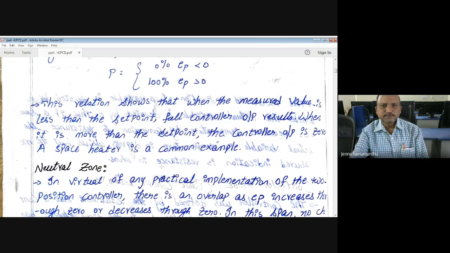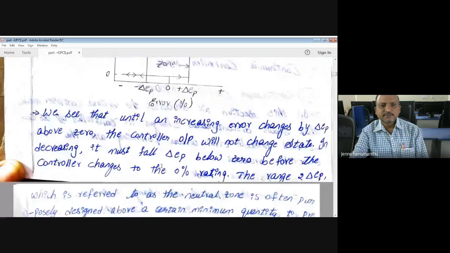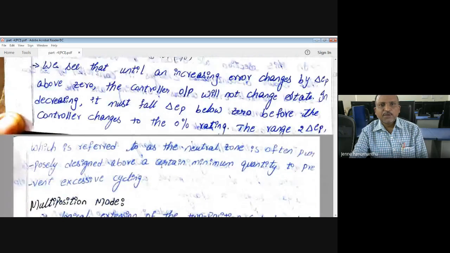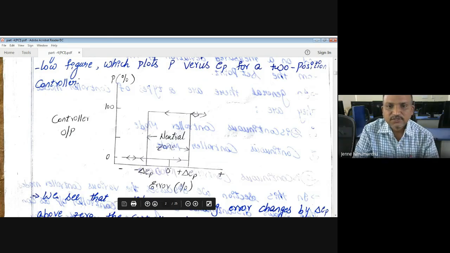And one more is neutral zone. If you plot the diagram between error versus output, the graph looks like this. The error 0 is starting here.